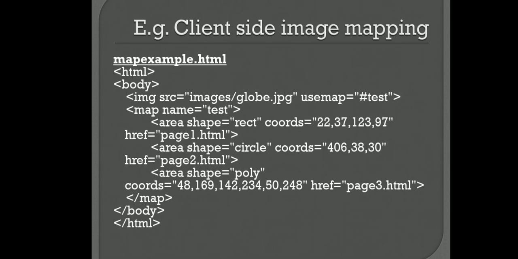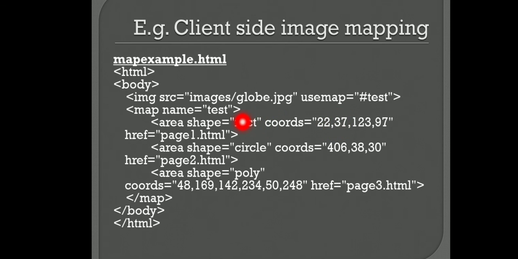Now you will be making coordinates. The next tag you have is the area tag, which has the attribute shape. Shape should be rectangle, poly or circle. The next attribute in the area tag is coords. Coordinates are the x and y coordinates we use here.